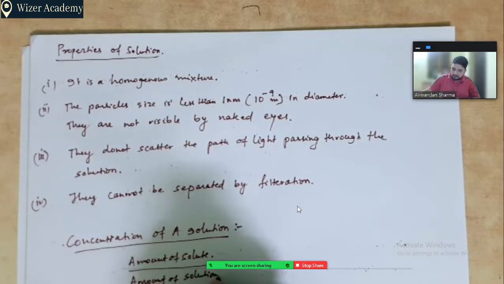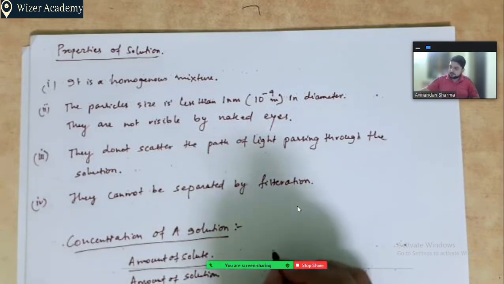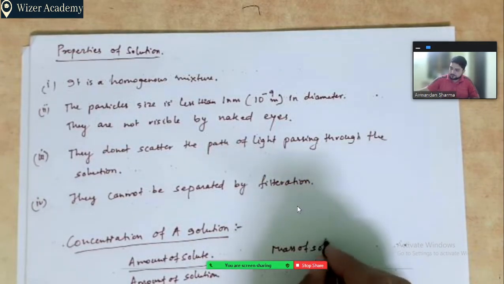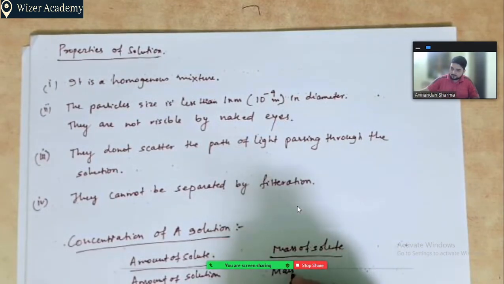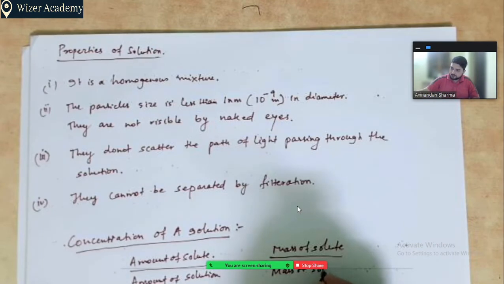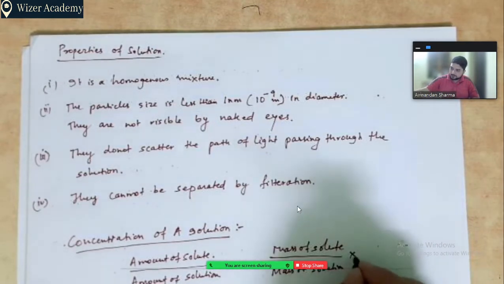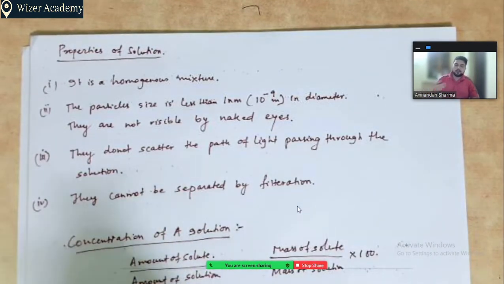It is measured by two methods. First is mass by mass percentage of a solution, that is mass of solute by mass of solution into 100. Then we will know the concentration of a solution.